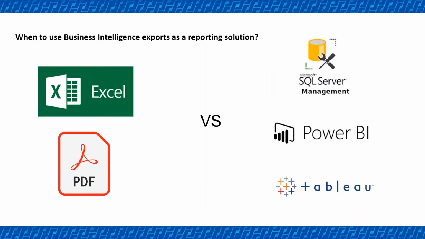So when do you use a business intelligence export as a reporting solution? A question that I often get asked is what the difference is between reporting in Excel and in a visualization tool, for example, or a reporting tool.